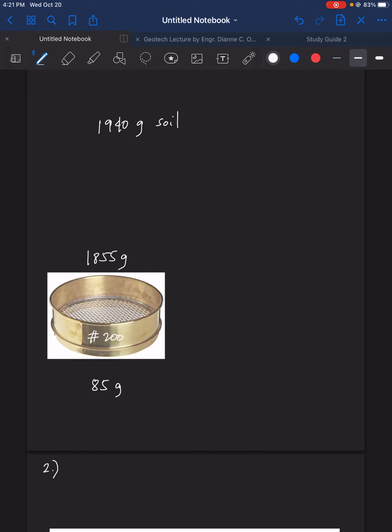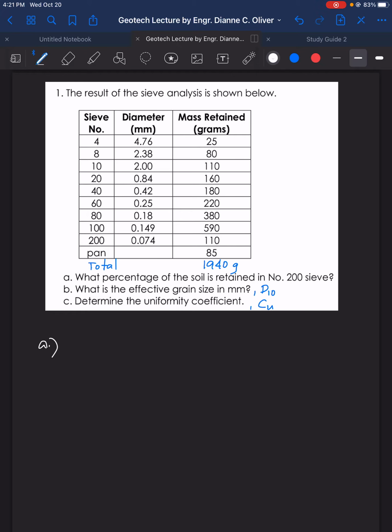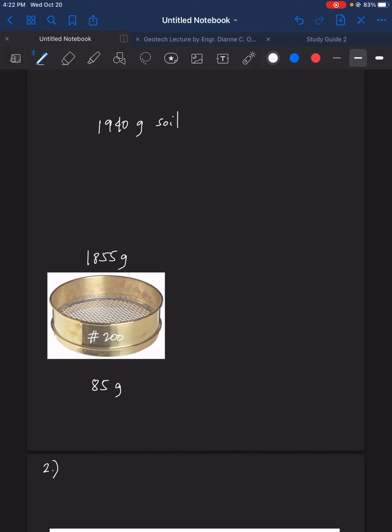And what is being asked in the question here is the percentage retained in sieve number 200. Therefore, we have 1855 grams divided by 1940 times 100, because this is what is retained.